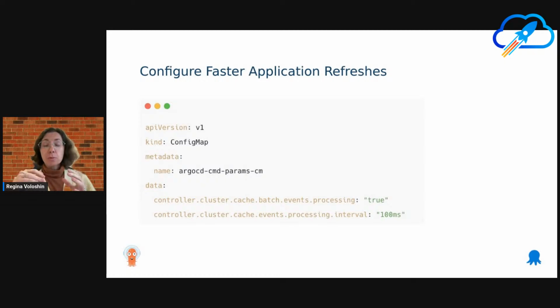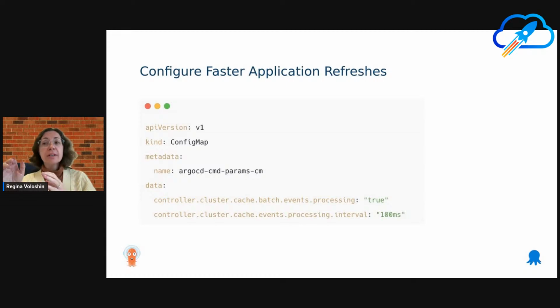And so now there is an option to configure this so that those updates are not processed every time every small update occurs, but they're processed in batches. And so this configuration should be set to true, and then the processing interval should be also specified. So for applications that are small, that manage small amounts of resources, and for Argo CD that has small amounts of applications, this processing interval should be very low so that these changes are picked up quickly.